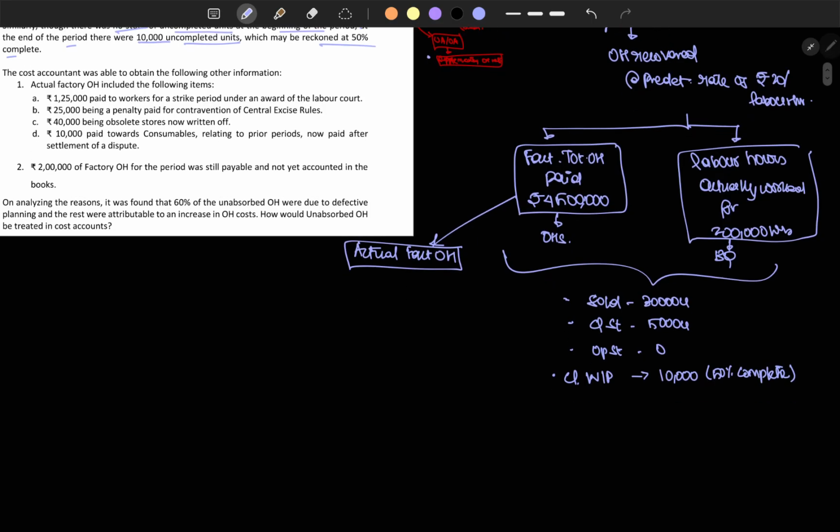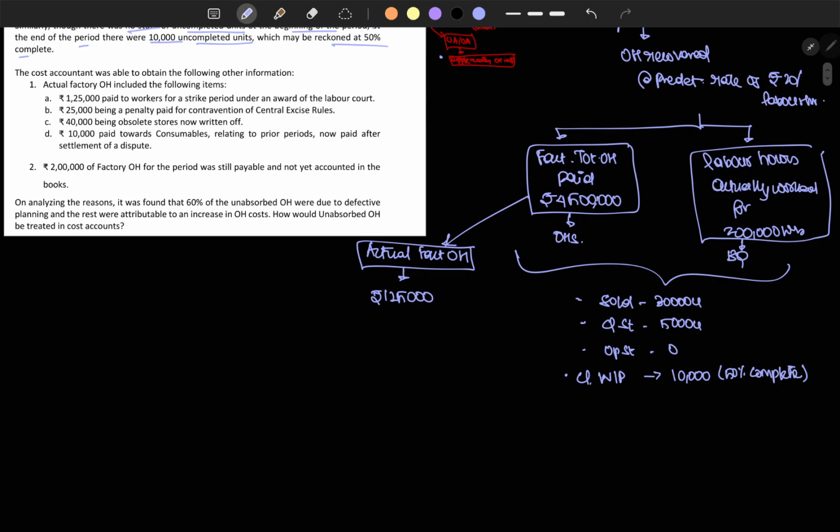That's why they have given those four adjustments, A, B, C, D, which are 1,25,000 pay to workers for a strike period, then 25,000 penalty paid, and then 40,000 obsolete stores written off. And then 10,000 paid towards consumables related to prior periods, now paid after the settlement.